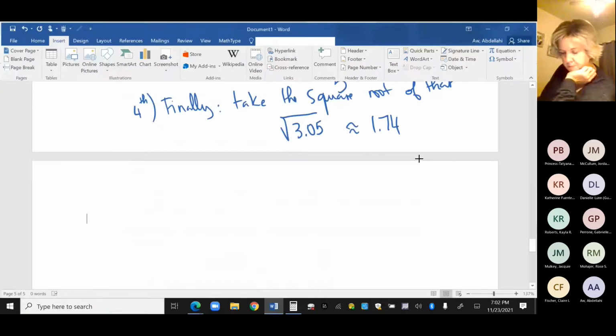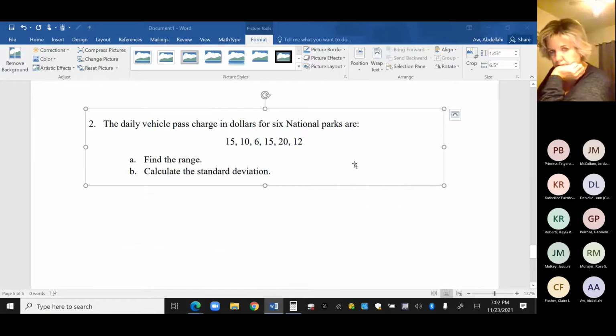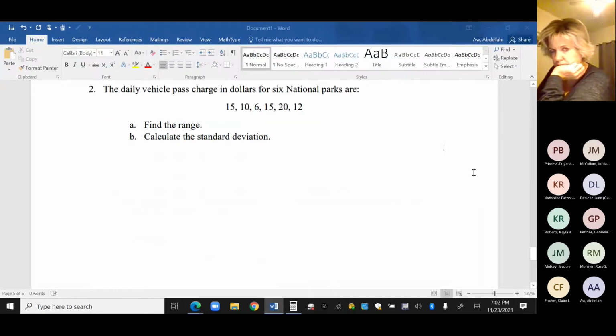Of course, my table here will be a little bit longer because we have 1, 2, 3, 4, 5, 6. We have six data, right? You're gonna find the range, and then you're gonna calculate the standard deviation. I'm gonna let you have 10 full minutes, everybody, to get a chance to do exactly the steps we did.